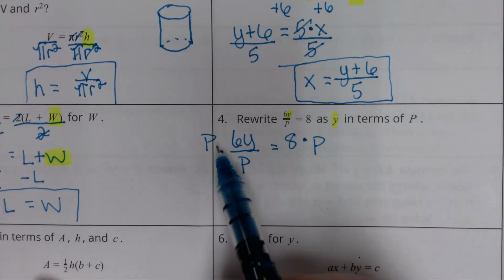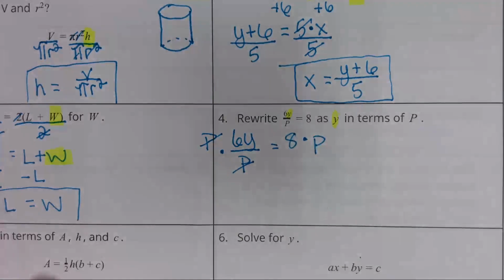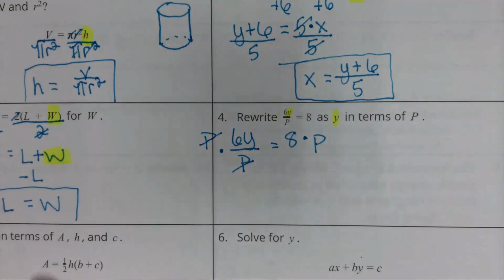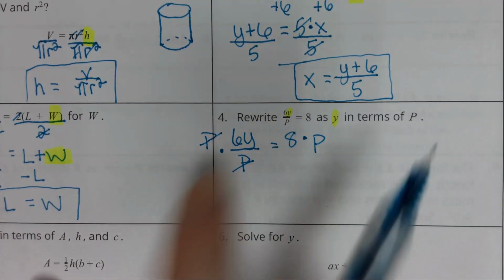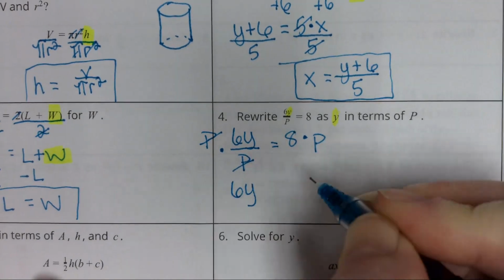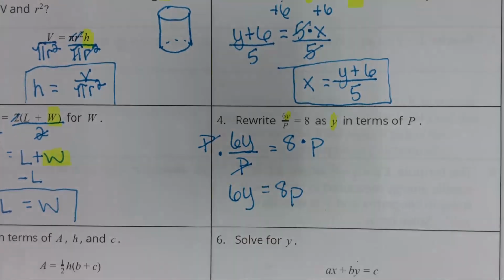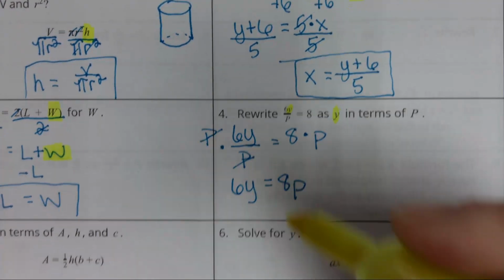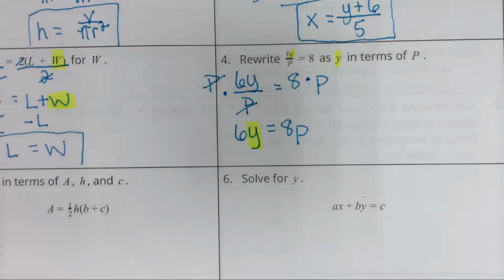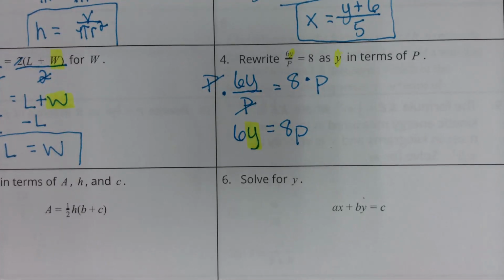So now these can cancel. And what do I have left on this side? 6, that's times y equals 8p. Remember, I'm trying to get that y alone. What do you think I could do next?